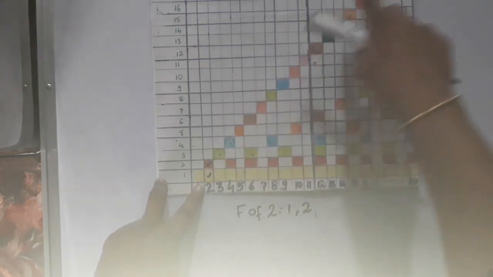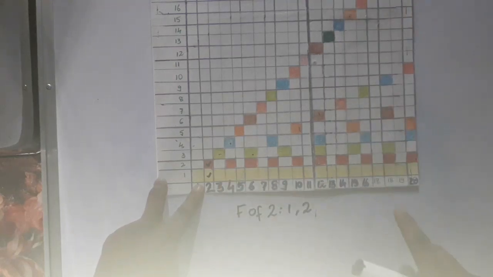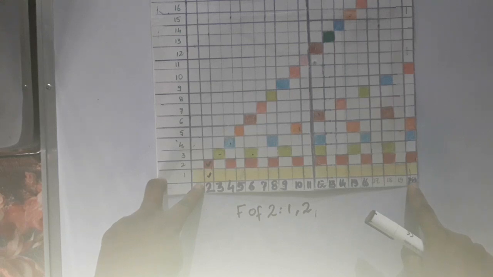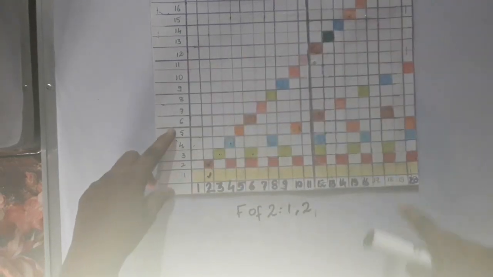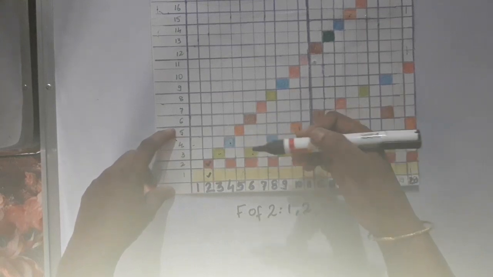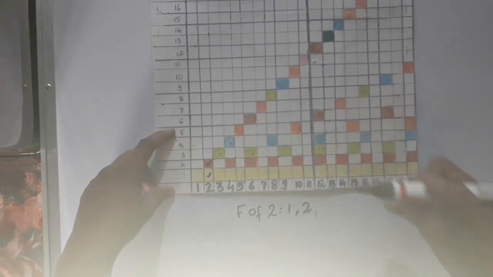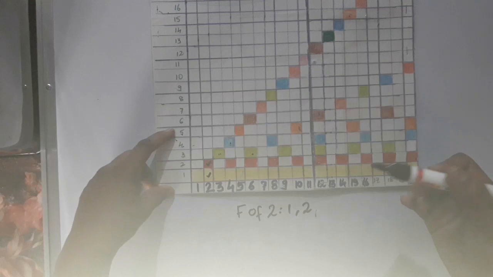So you can find all the prime numbers up to 20 using this grid. Wherever only 2 squares are colored, they are all prime numbers.